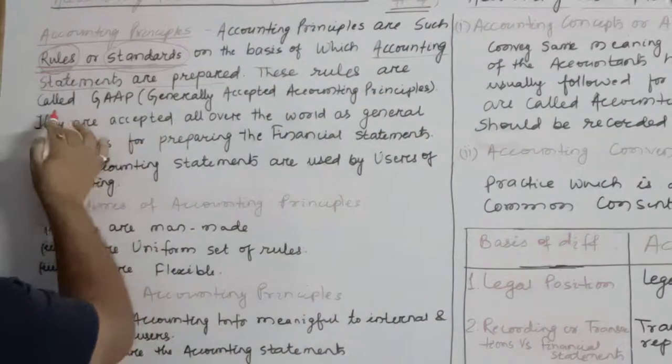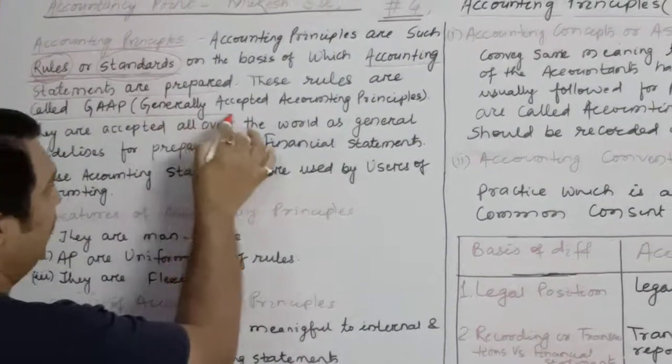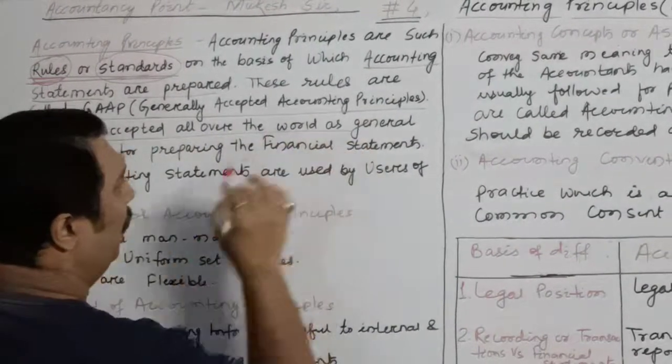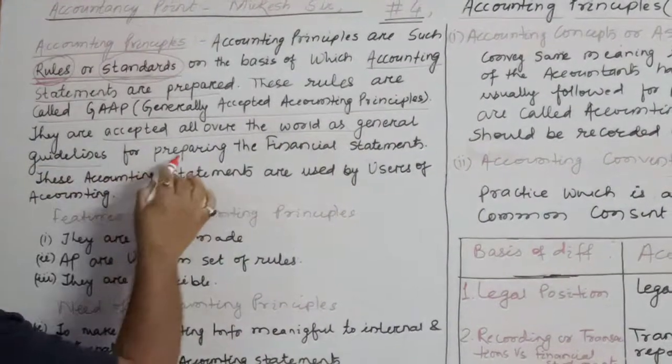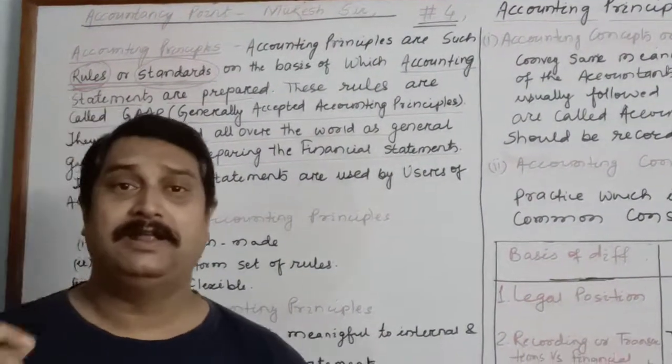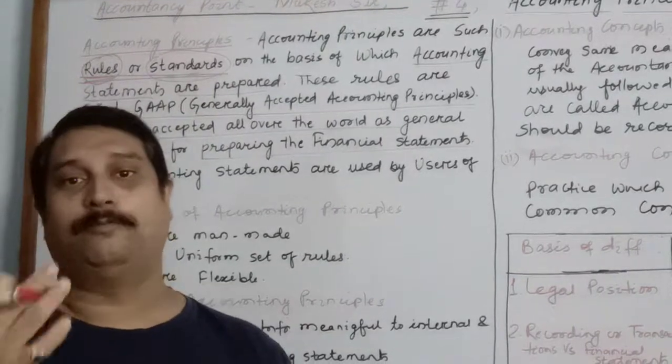These rules are called GAAP or generally accepted accounting principles. They are accepted all over the world as general guidelines for preparing the financial statements. As I told you children, there is a need of uniformity.